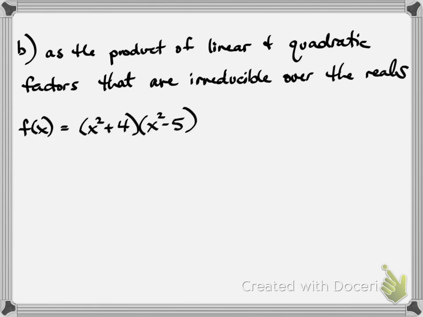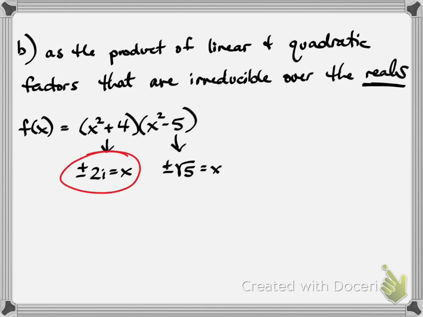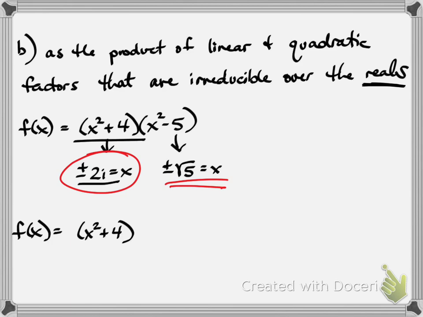Okay, so we had gotten to this step and we had said that this one became plus or minus 2i, and this one became plus or minus square root of 5. And if we want to be irreducible over the reals, we can't break this one down this far because that's not real. But this is great because that is real. Not Israel, but it is real. So we have to leave x squared plus 4 as x squared plus 4 because when we break it down, we get imaginary, and we've got to stop in the real number system.